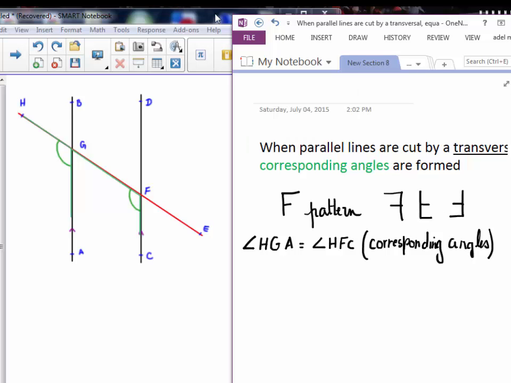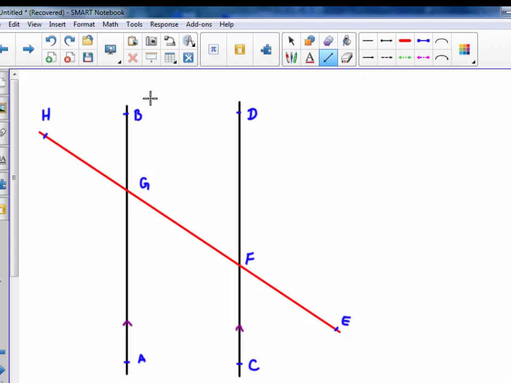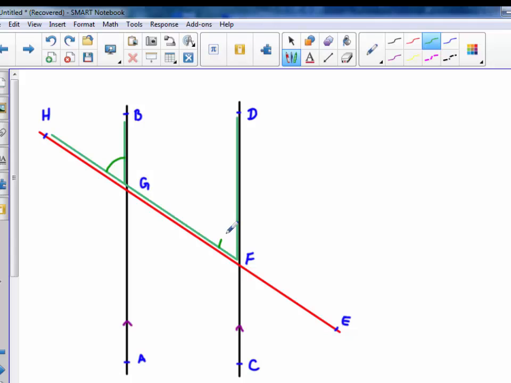Let's see the drawing. Can we see any corresponding angles? Actually, I'm going to remove the old one to see better. With green again, I'm going to try to find an F. So if I make a straight line from H to F, and after that F, D, and G, B. This is another F, and these two angles are equal because they are corresponding.